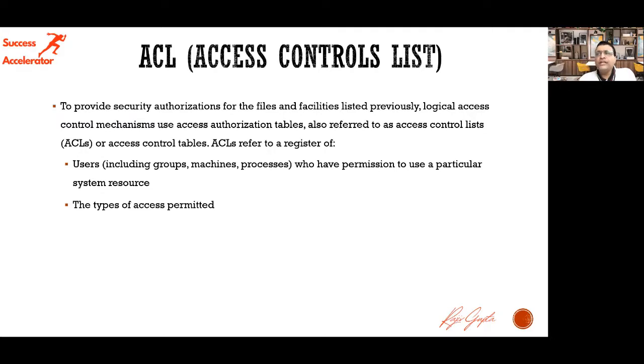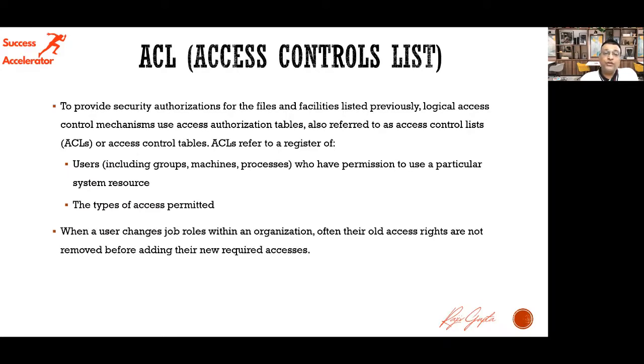Against my name, in that list of roles, it will check whether I have access to create purchase orders. If that role has been assigned to me, it will allow me to enter that transaction. If that role is not assigned to me, it will give an error message that I am not authorized. So guys, this is the importance of ACL. Access control list is a very important topic from your exam perspective.